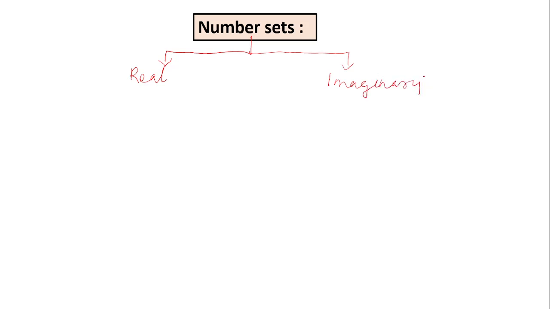These imaginary numbers are also called complex numbers. So the real number set is also again divided into two parts: rational and irrational.